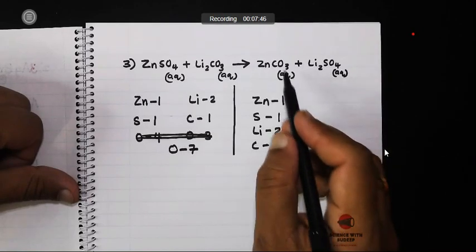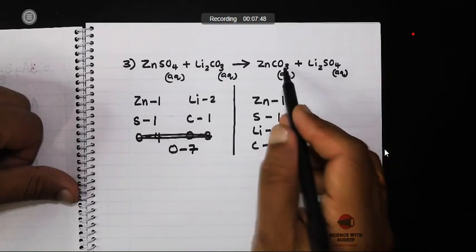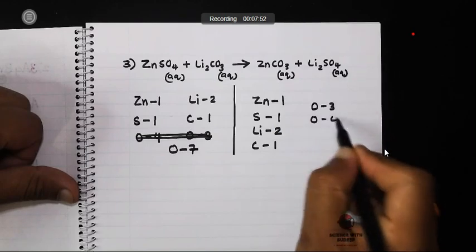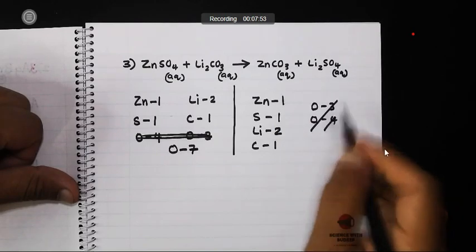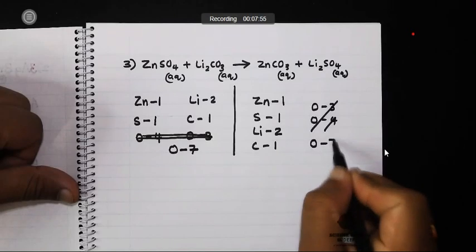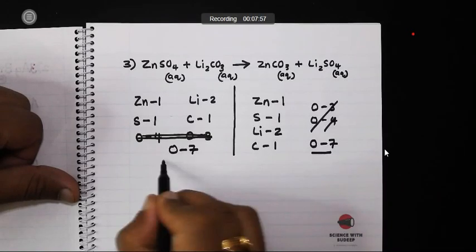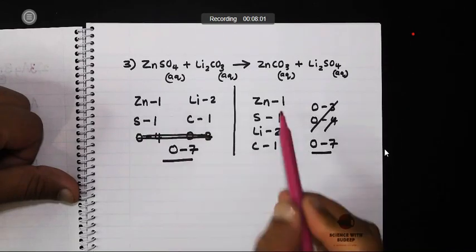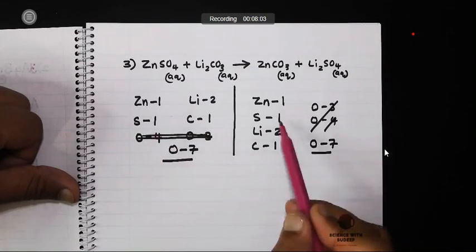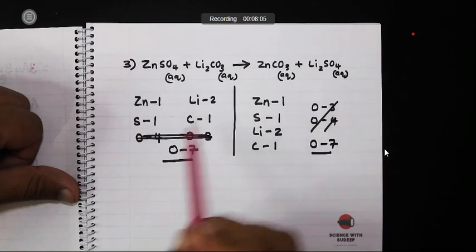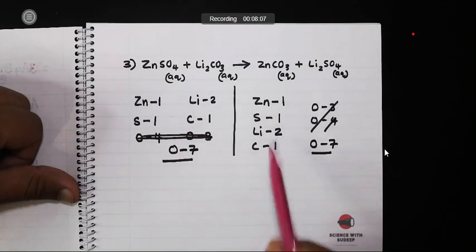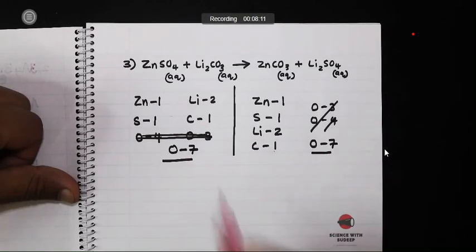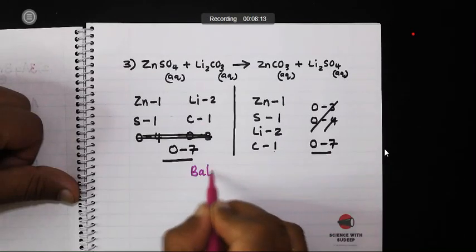And then we have oxygen 3 here and oxygen 4 there. So we need to write them together. We have 7 oxygen. So let's have a look at the left hand side and right hand side. Zinc 1, zinc 1, sulfur 1, sulfur 1, lithium 2, lithium 2, carbon 1, carbon 1, oxygen 7, oxygen 7. This equation is already balanced.